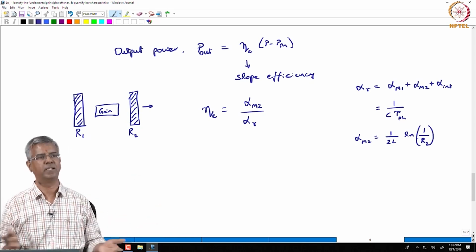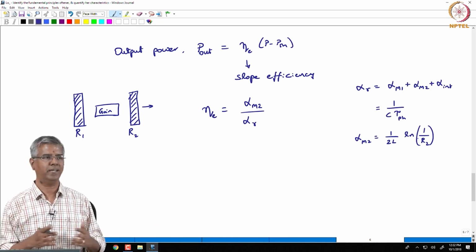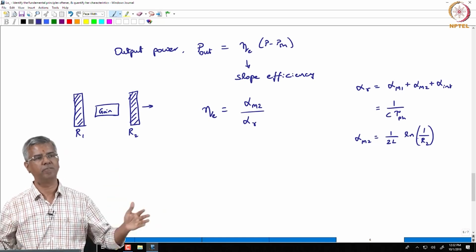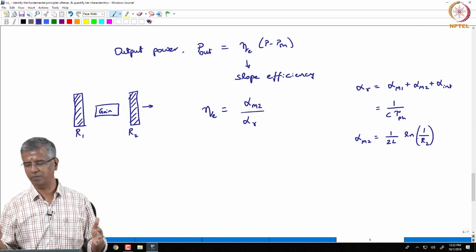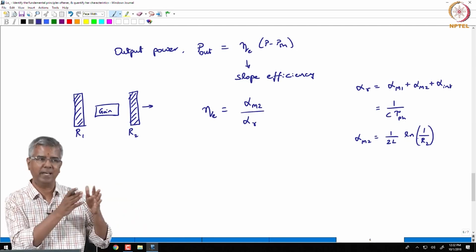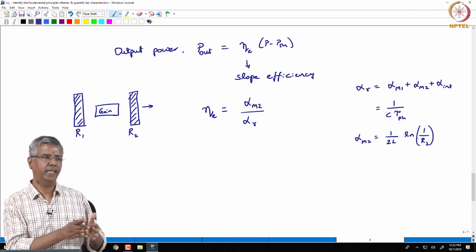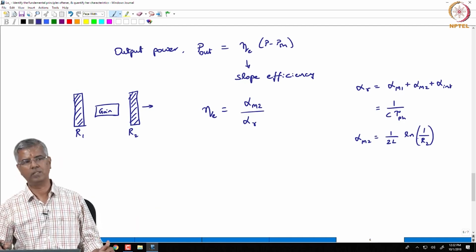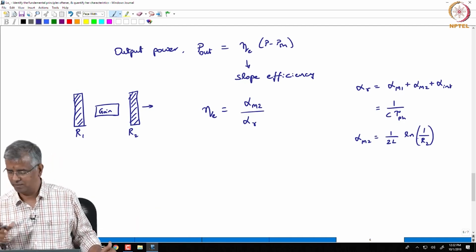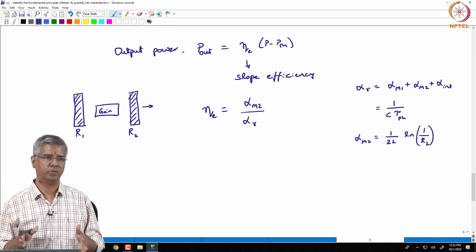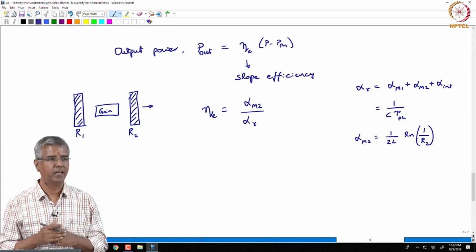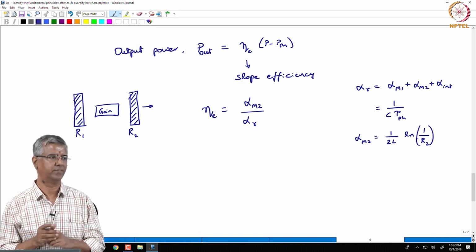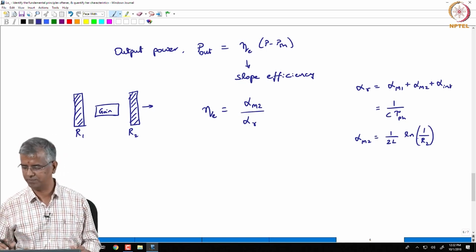But when we are looking at alpha r, it is a per meter quantity. So, just so that we have everything equivalent, we are taking a lumped quantity and making it as if it is distributed across the cavity. But physically the mirror losses are just a lumped quantity, not a distributed quantity.